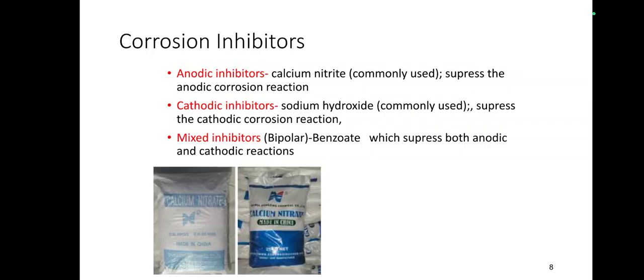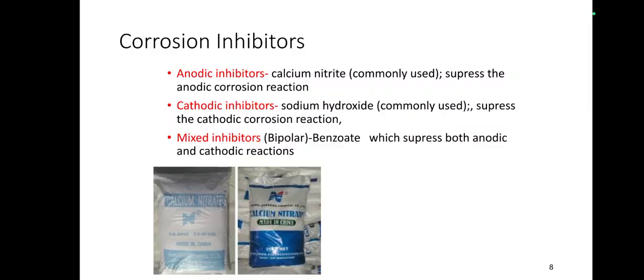Okay, next one is corrosion inhibitors. This can be done in the starting stage itself when you make the concrete. As you already know, anode, cathode and electrolyte are the three main components. If any one is stopped or arrested, then corrosion won't happen.